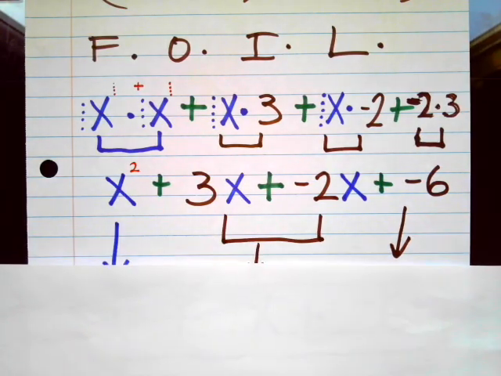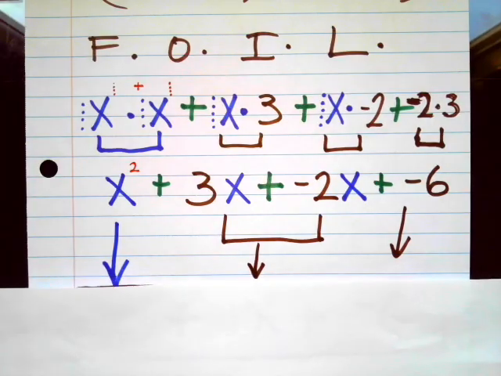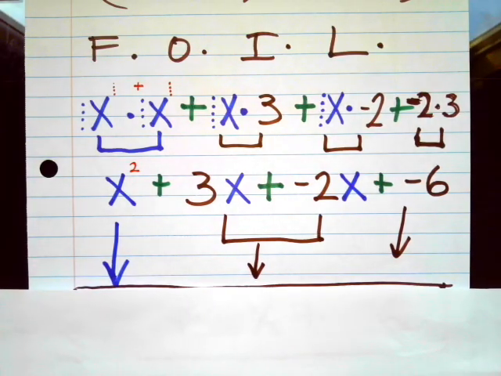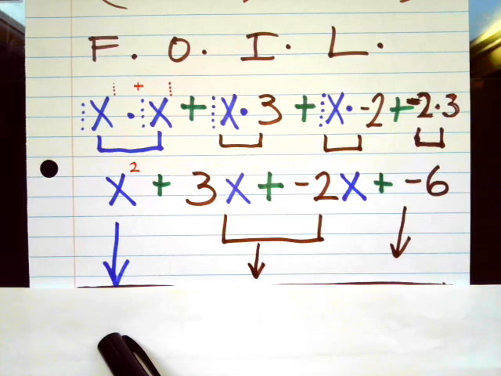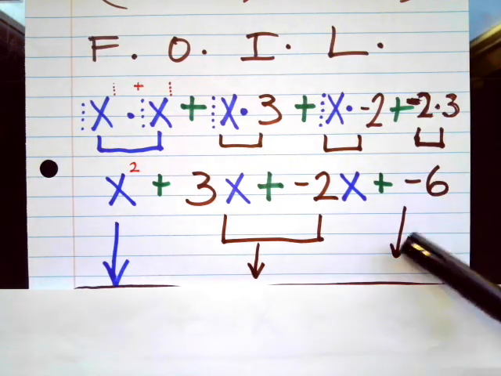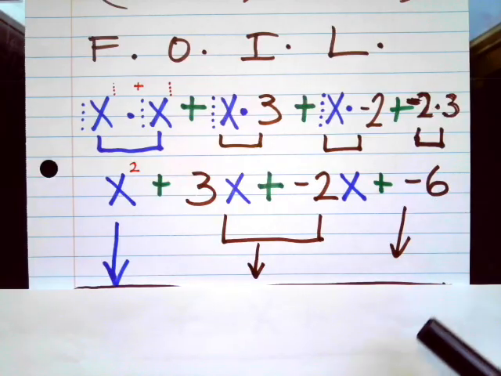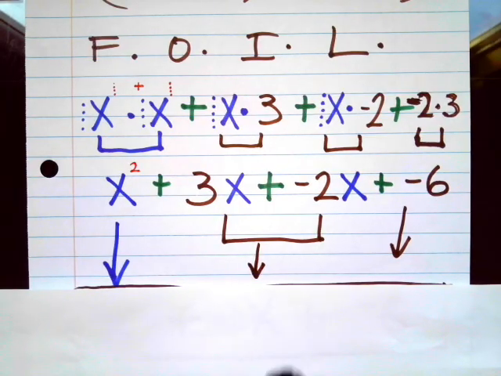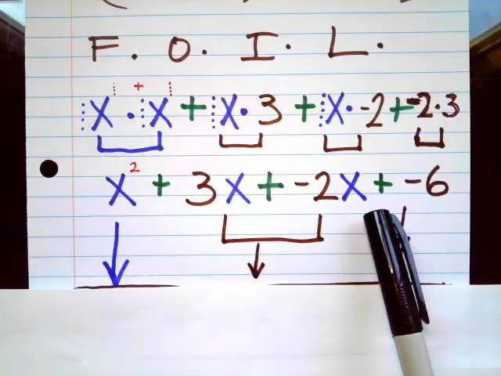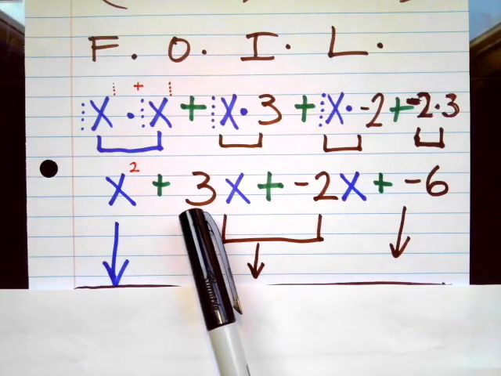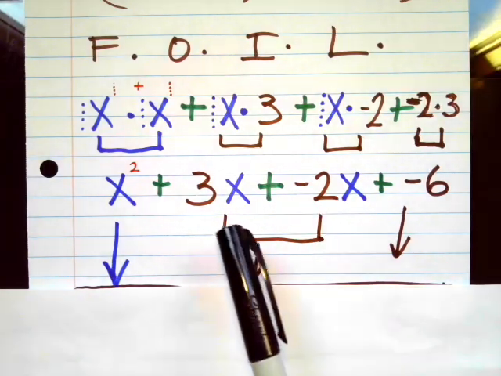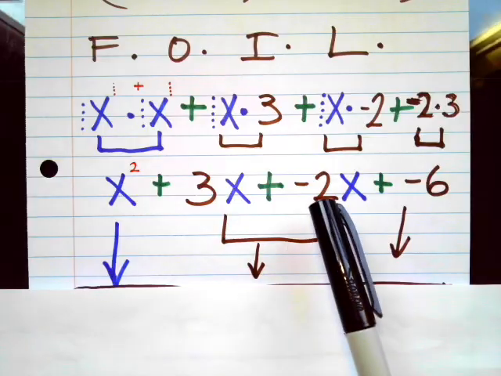Let's take a look. There are no other to the power of 2 x's, so I can just bring this down, rewrite it in my answer. There are no other constants, whole numbers, so I'm going to bring that negative 6, put it in my answer. What is 3x plus a negative 2x, or 3 plus negative 2? You got $3. You borrowed $2.